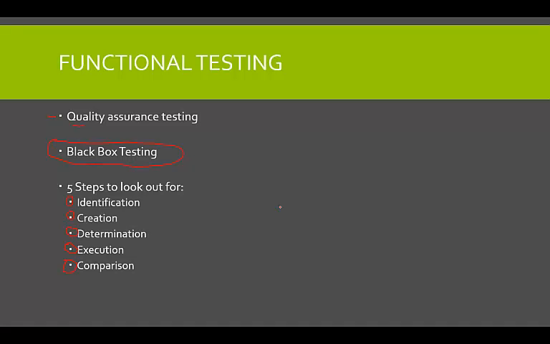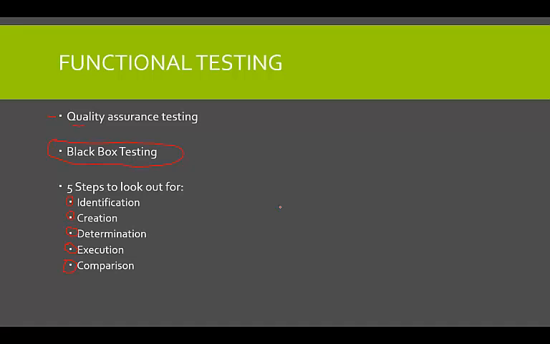The execution would be to actually take the creation document, the creation specification, and implement it into the actual application. That's where the actual testing is taking place. And then last but not least, the comparison. Comparison is going and reviewing the results that have been given by the tests. So in essence, that is functional testing.